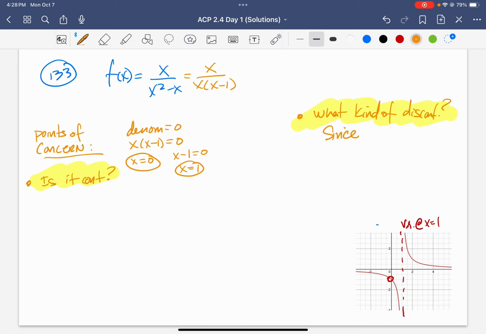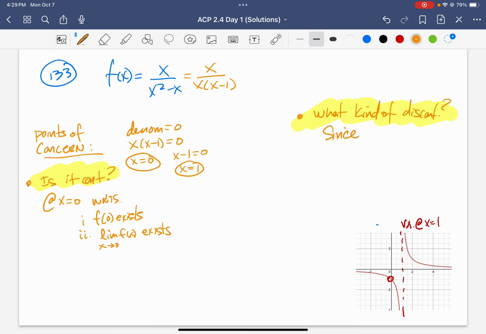Well, at x equals 0, for it to be continuous at 0, we need to show that the function value exists. We need to show that f of 0 exists. I need to show that the limit as x goes to 0 of the function exists.